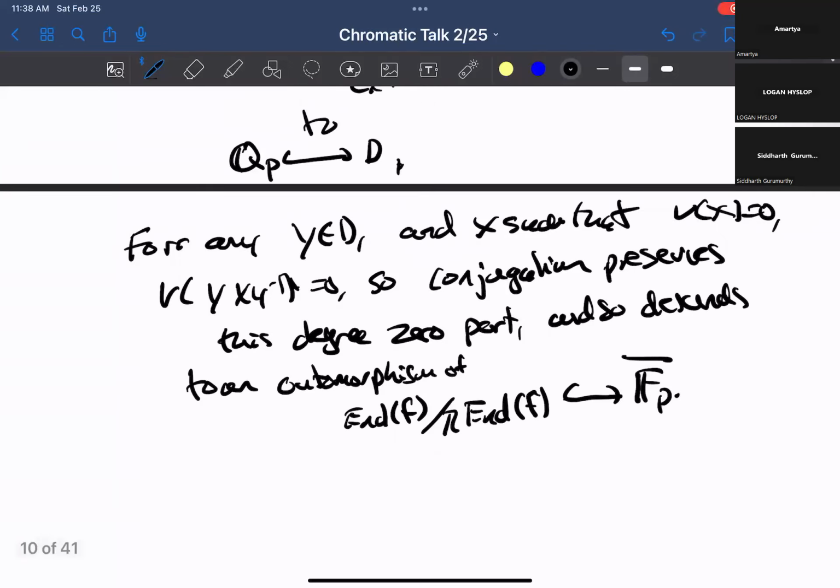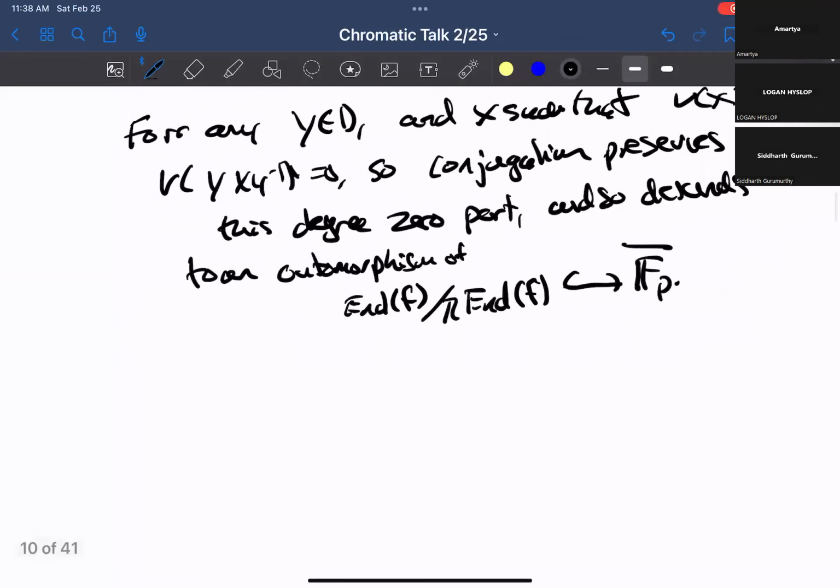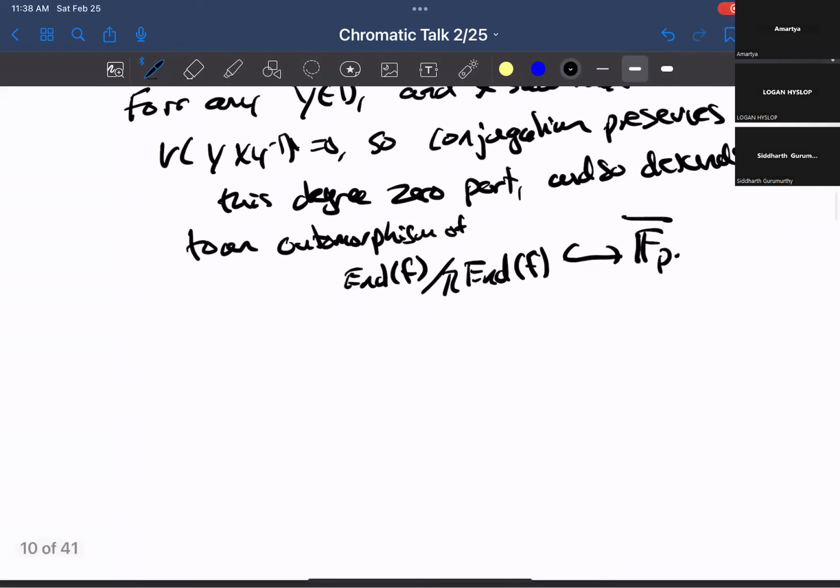So this is just some actual, well, it's a finite division ring, so it's a finite field, and it has characteristic P since pi divides P, so it embeds into FP bar. And we're going to see that if we act on this by Y, so we want to see that the conjugation action is determined by Y.